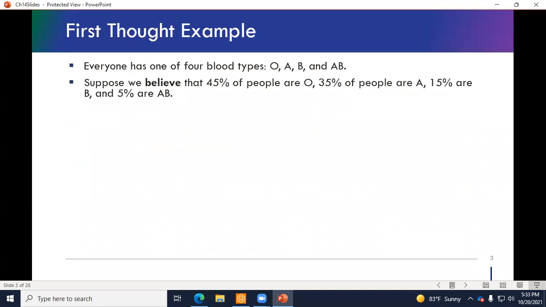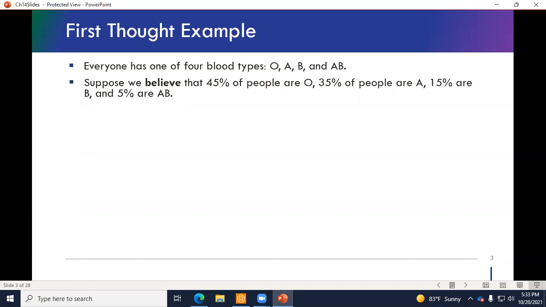So for the first bullet, we have an example here. Everyone has one of four blood types. Suppose we believe that 45% of the people are O, 35% are A, 15% are B, and 5% are AB.